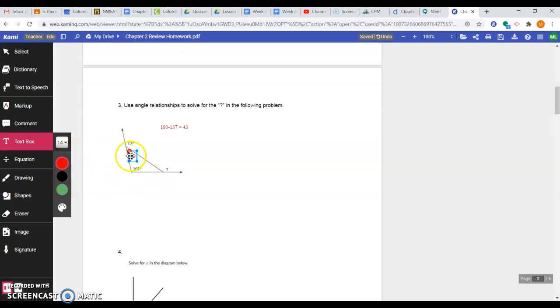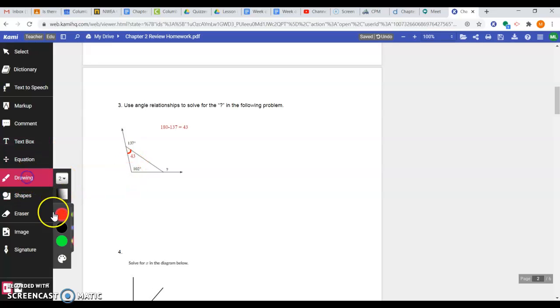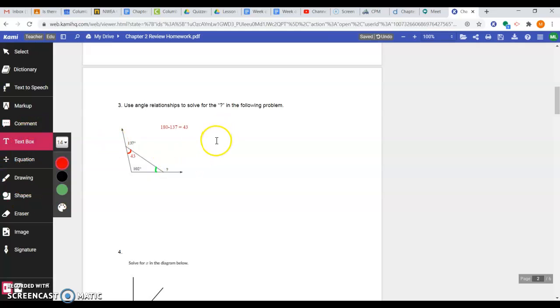Now that I know two angles of a triangle, I can find this third angle here using the triangle sum theorem. And how that's going to look would be 43 plus 102 plus my missing angle, which I call x, has to equal 180 based on the triangle sum theorem. Well, when I add those first two together, 43 plus 102, that gets me 145.